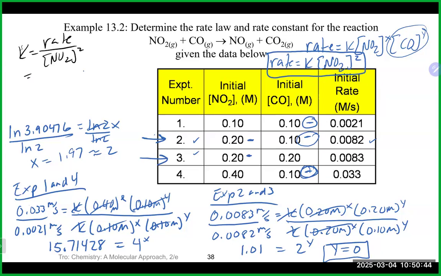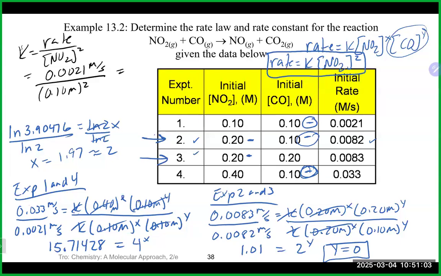I'm just going to pick the first entry there. So that'll give us 0.0021 molar per second divided by 0.1 molar. Again, we do need to square it. That's going to get us 0.0021 divided by 0.1 squared.